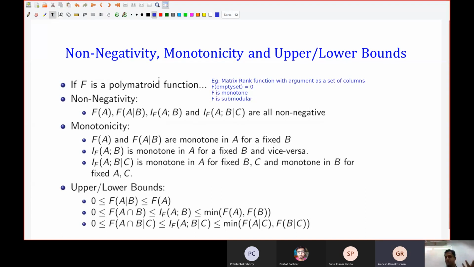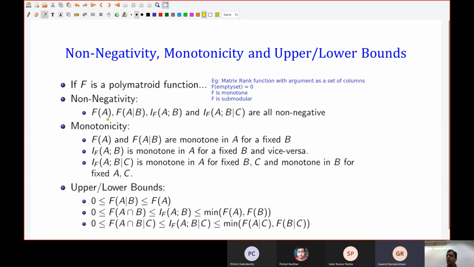So now if it's a polymatroid function, then there are some properties I want you to know, as homework actually. It's non-negative. But not only is it non-negative, the function of A conditioned on B is non-negative. The mutual information is non-negative. Conditional mutual information is also non-negative.